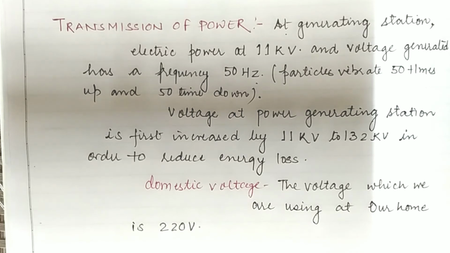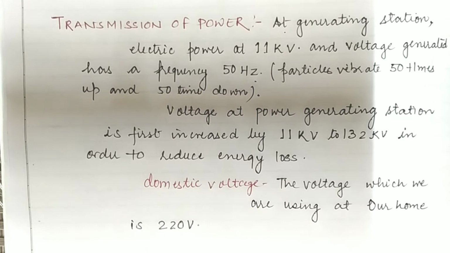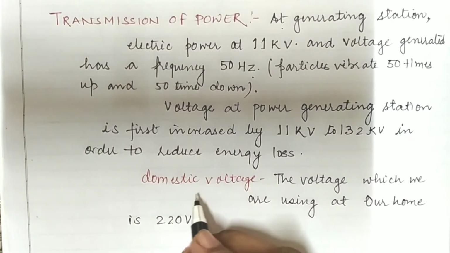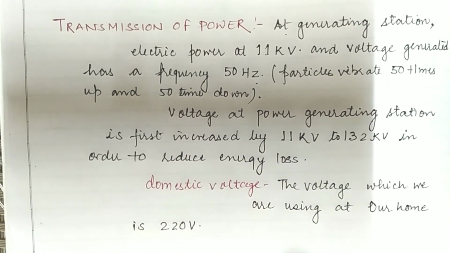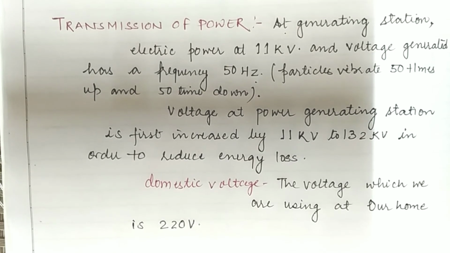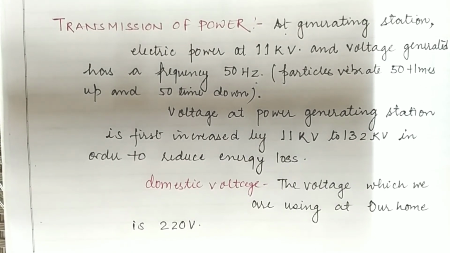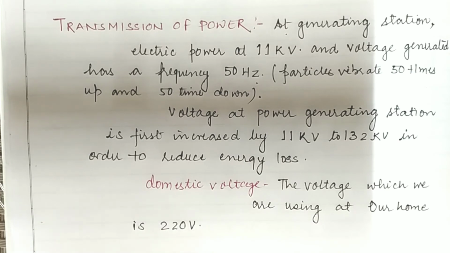Children, power supply can be transmitted with the help of wire, and the cable has 3 wires. In a domestic circuit, a cable is used which has 3 wires: the live, that is phase, the neutral, and the earthing wire.